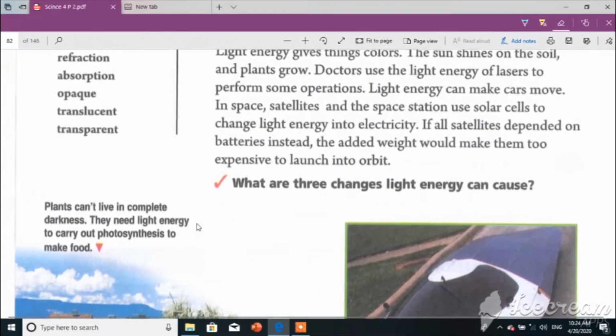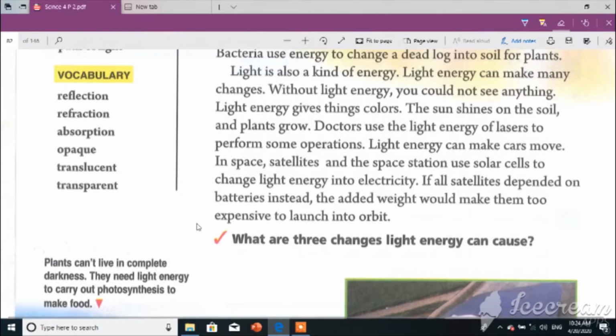Nowadays, doctors use the light energy of lasers to perform some operations. How? Some patients suffer from kidney stones or bladder stones. Some doctors use the light energy of lasers to break down stones.